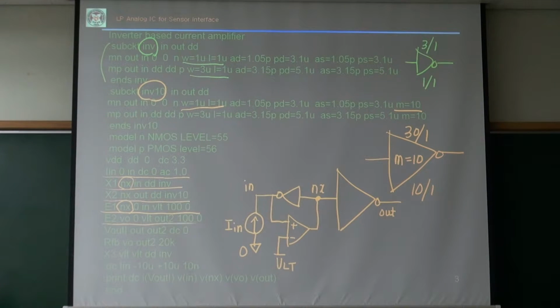And I have another E2 which is VO0. This is connected to VO0. This is VO, VLT is positive, OUT2 is negative. And then I should have a feedback resistor there. This is 20K. There is a DC 0 volt source there, OUT to I1, for monitoring current.